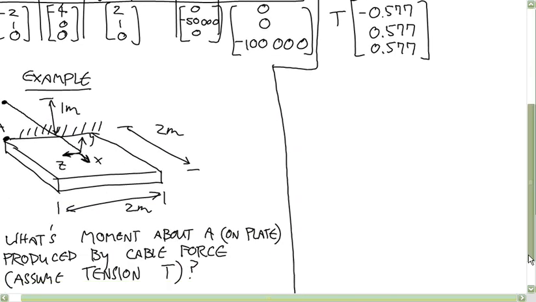And now we can set up that table. So P vector, A vector, rho vector, just subtract those two. Force vector, and then moment about A produced by F.